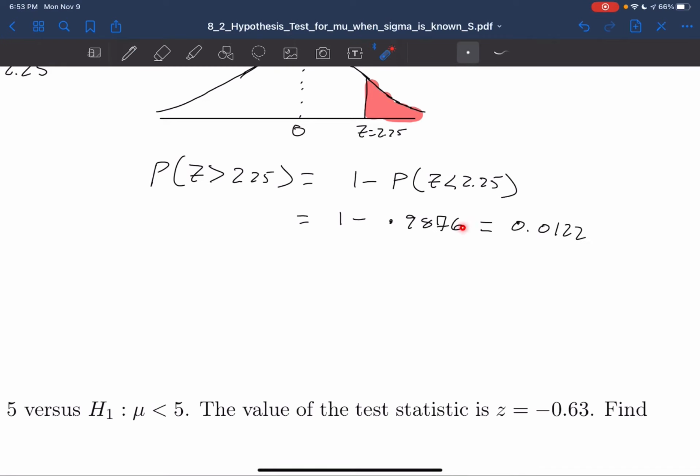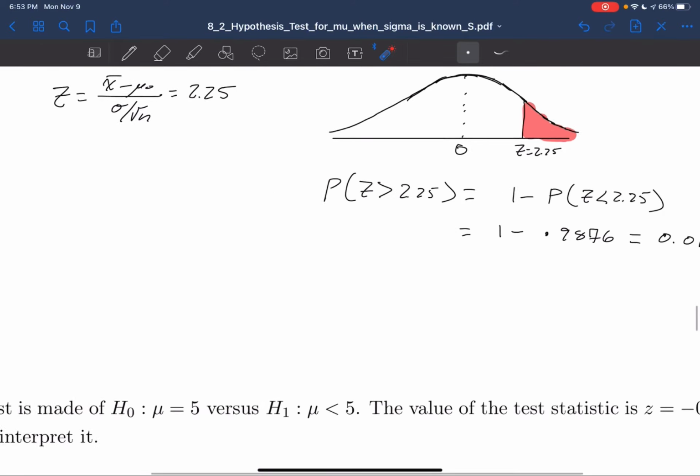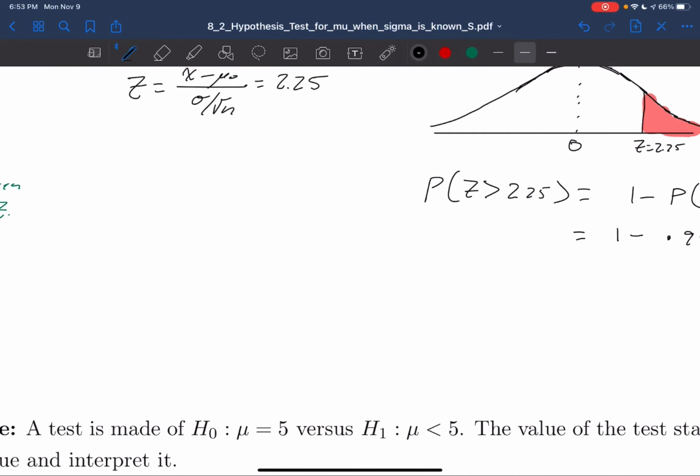If you're not sure how I got this value, you should review how to find areas underneath curves, because we've been doing this for weeks now. But if you still have questions, you can always come to my office hours. Okay, so this means that our p-value is equal to 0.0122. Yay.